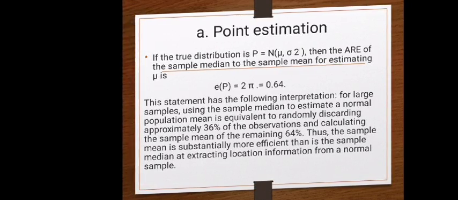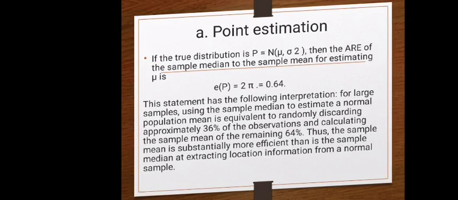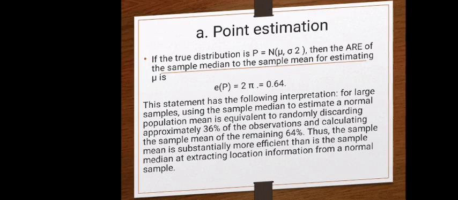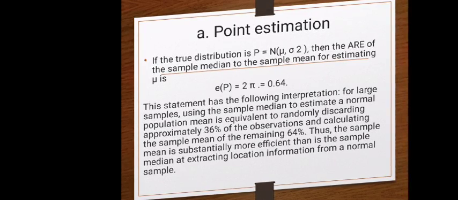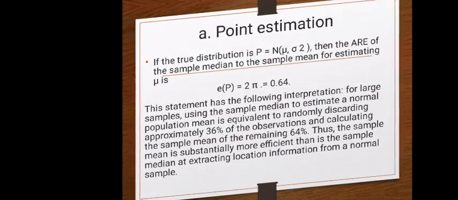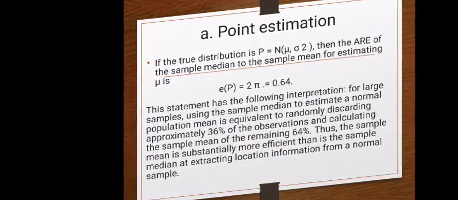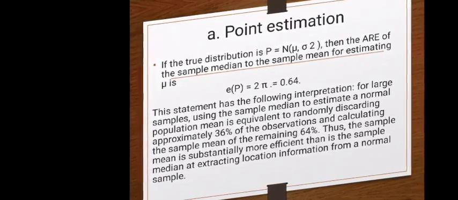This statement has the following interpretation. For large samples, using the sample median to estimate a normal population mean is equivalent to randomly discarding approximately 36% of the observations and calculating the sample mean of the remaining 64%.